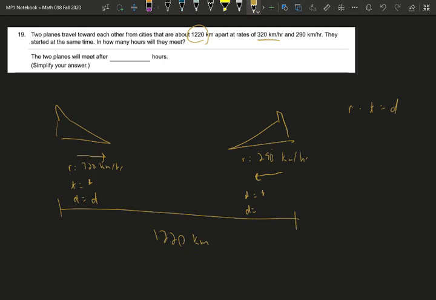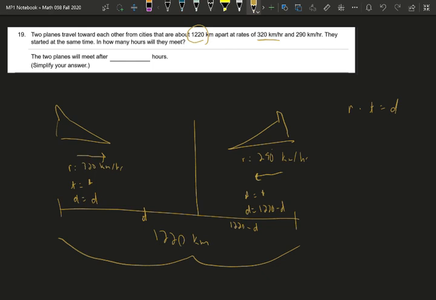Let's say they meet right here. If this distance is D, and the whole thing is 1,220, this other distance is going to be 1,220 minus D.